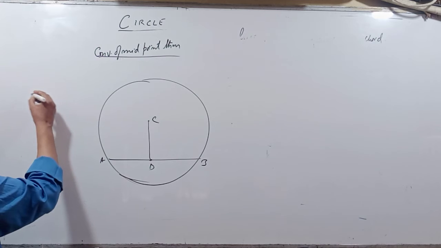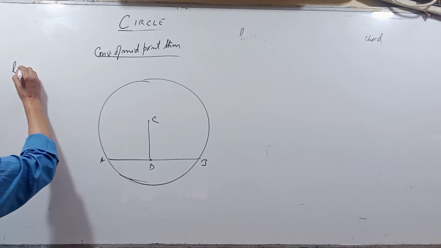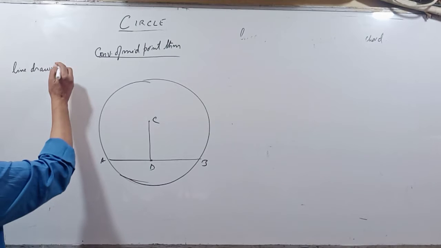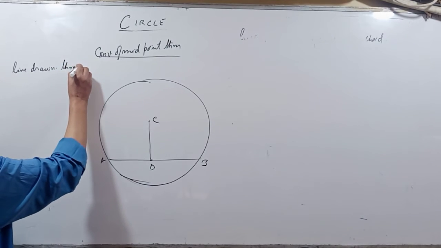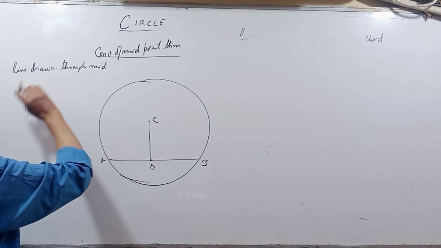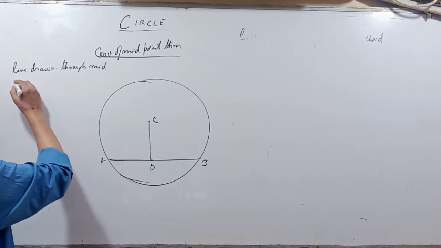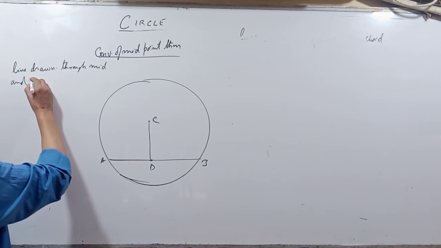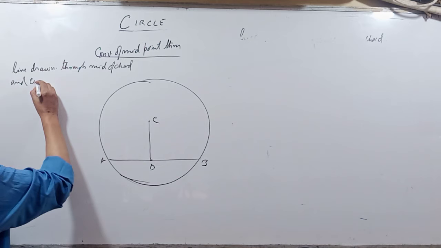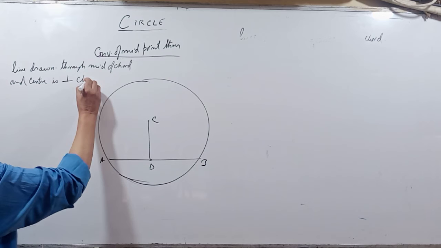So we will write here, given. Converse of the midpoint theorem says that a line drawn through the midpoint of a chord and the center is perpendicular to the chord.